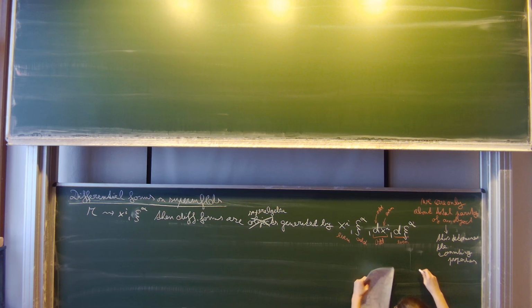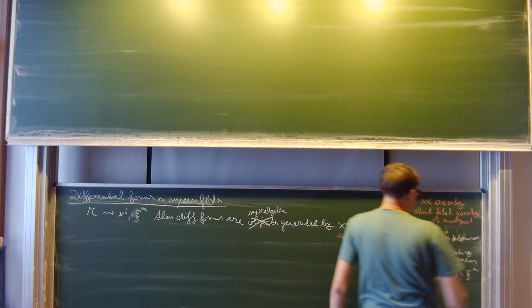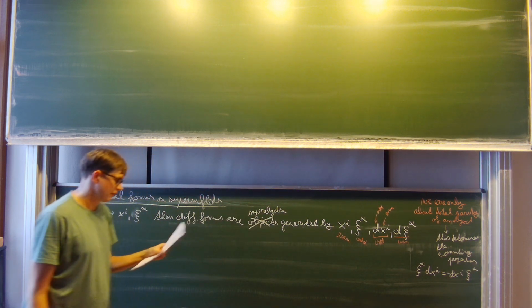So for instance, if I have xi^alpha and I multiply this by dx^i, this is minus dx^i xi^alpha, because I swapped two odd objects, so there's a minus.